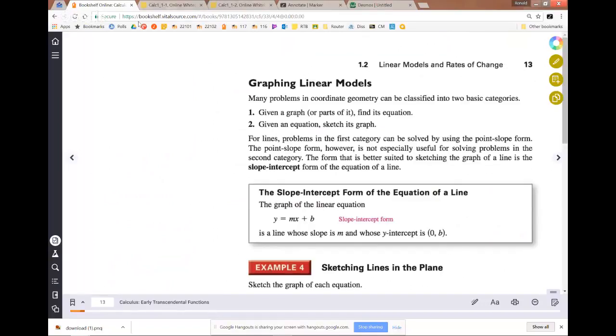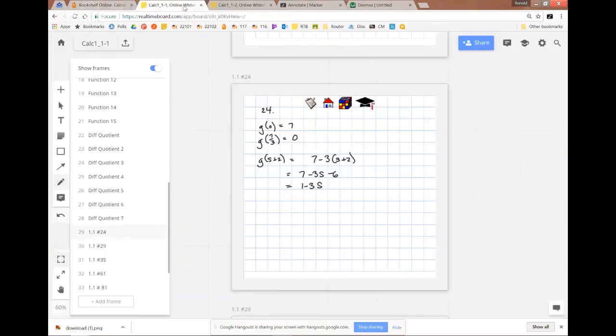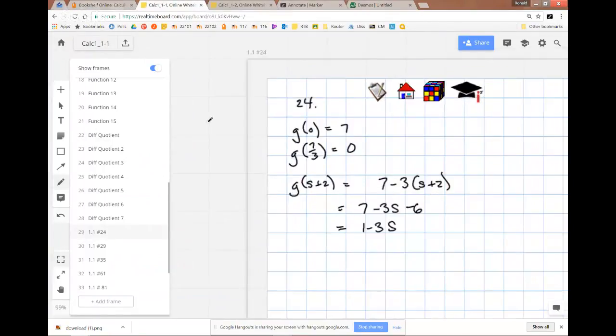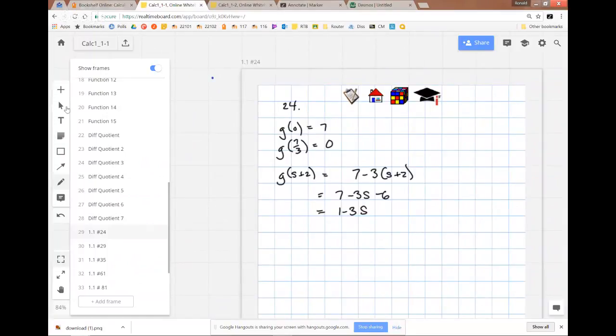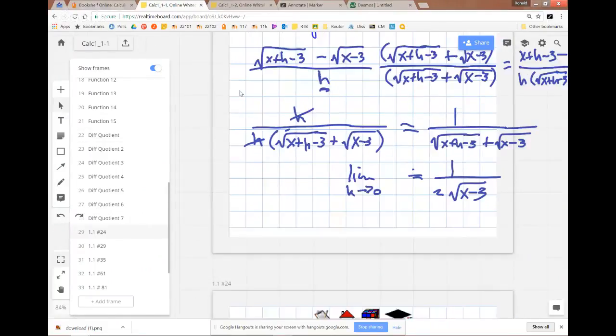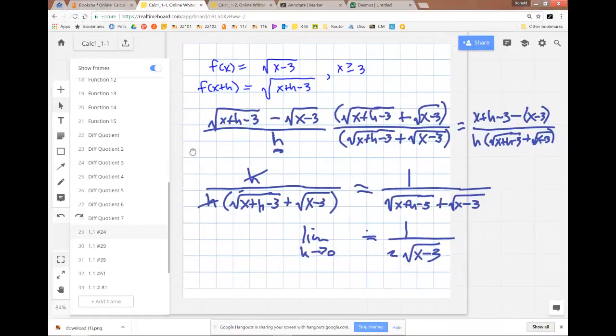So anyway, I'm maybe a little bit ahead of time, but that difference quotient concept is one of the most important things in calculus. So we're going to be practicing that for a while here.